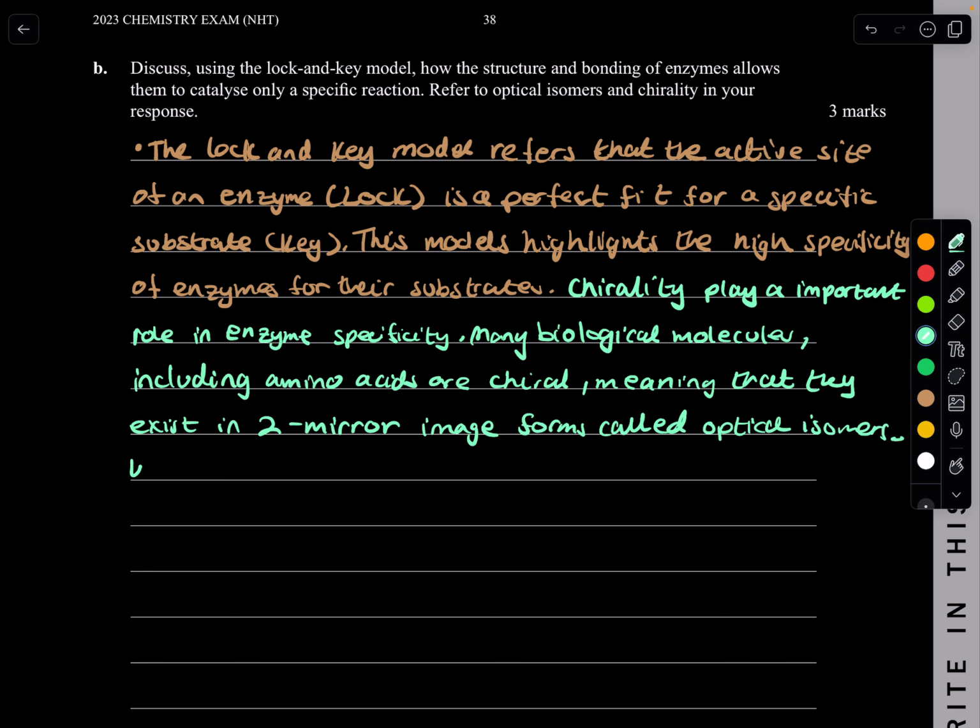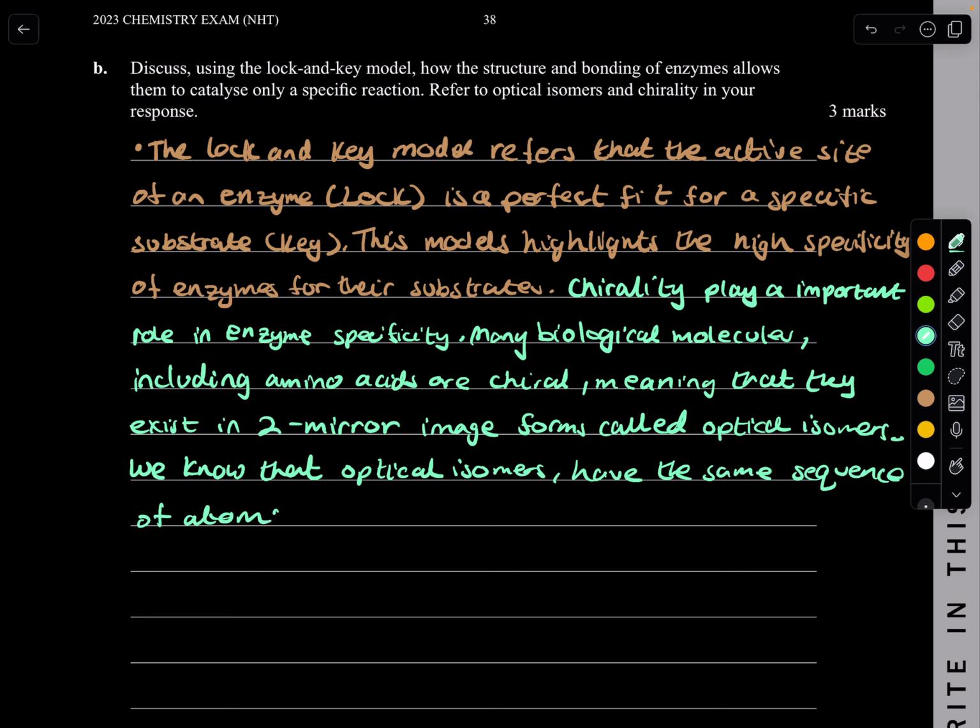And we know that optical isomers have the same sequence of atoms, but different three-dimensional space.